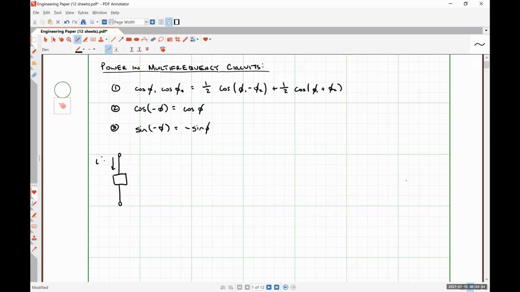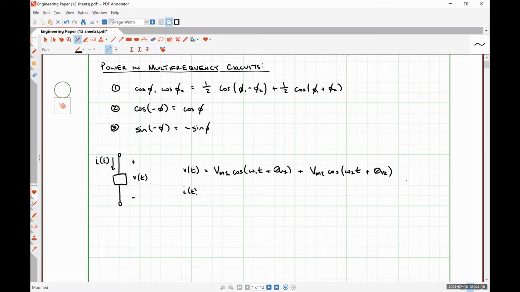It has some current I of t flowing through it and some voltage V of t across it, where V of t is equal to Vm1 cosine omega 1t plus theta V1 plus Vm2 cosine omega 2t plus theta V2. So we're going to be dealing with two excitation frequencies here.